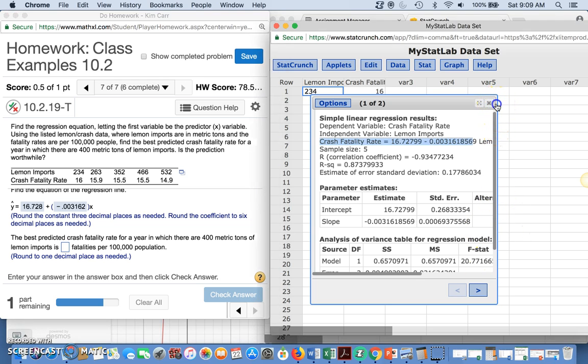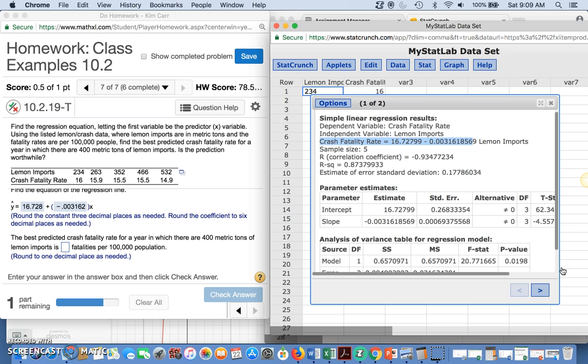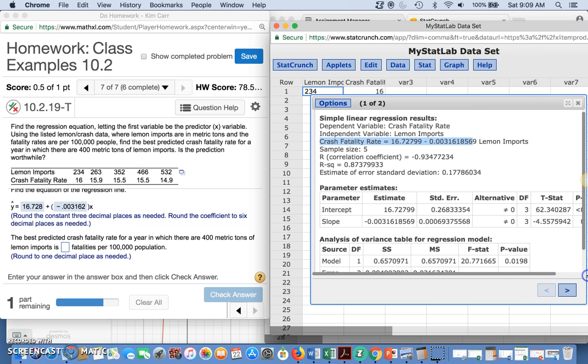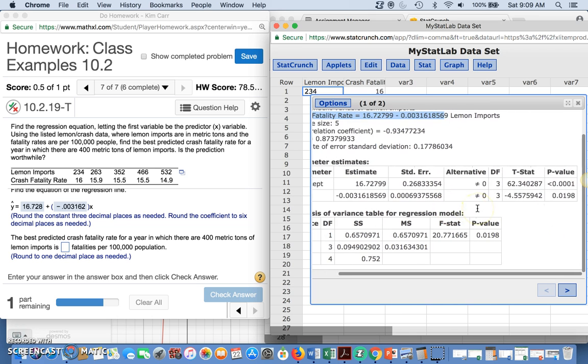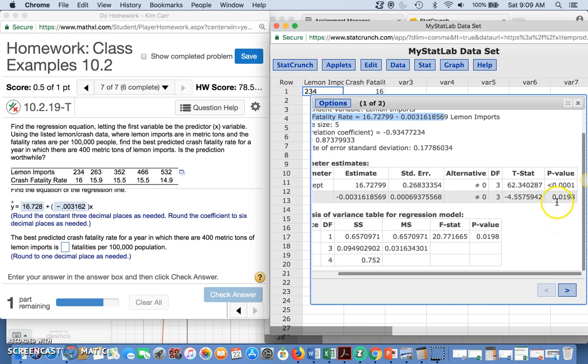We could go find one, I'm sure. But let's see what we've got for the P. And keep in mind you want the slope one. This is the P, 0.0198. So it's less than 0.05 unless you were using a 0.01 significance level.